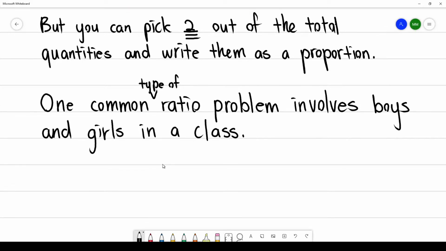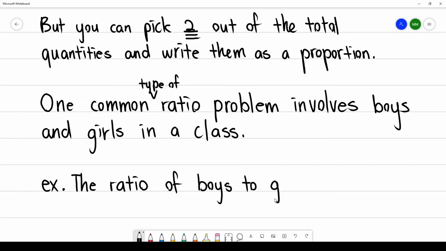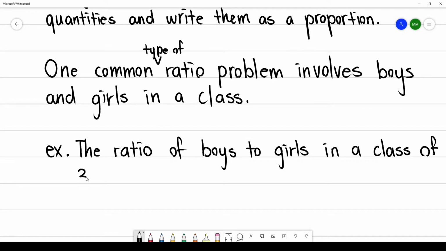So, example: the ratio of boys to girls in a class of 35 students is 3 to 2. So how many girls are there?